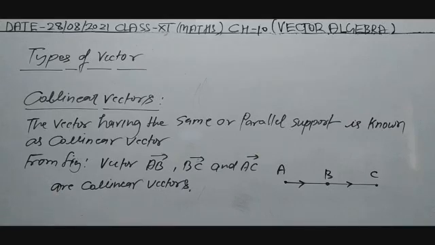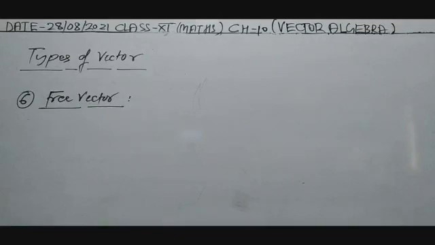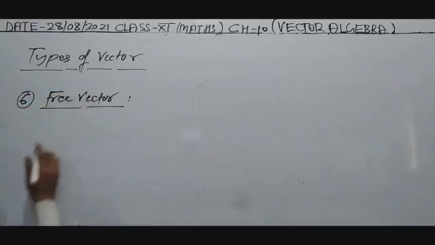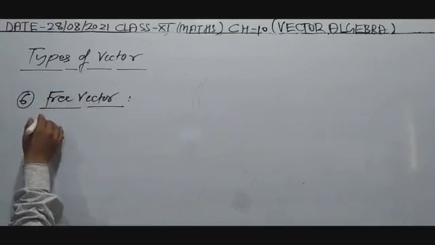Now come to the next definition. Definition number 6, free vector. What is a free vector? It is a type of vector whose initial point is not specified.